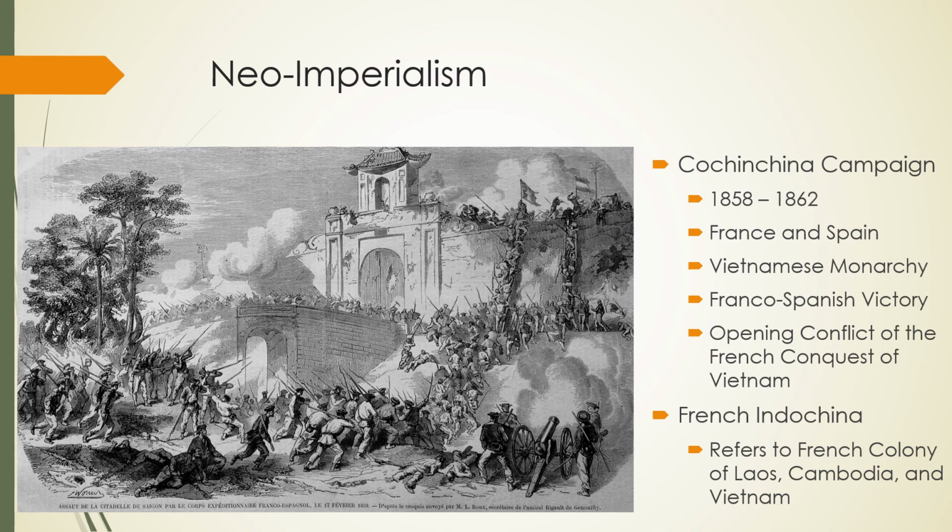Basically what we're establishing here is French control of Indochina. Indochina is essentially Laos, Cambodia, and Vietnam. So when we get to the 1950s, 1960s, and we start talking about Vietnam a lot, it's important to understand that Europeans, the French specifically, gained control of this area in the 1800s, and it's going to be a French colony called French Indochina.